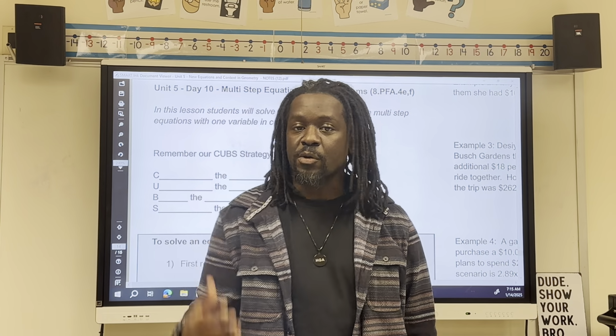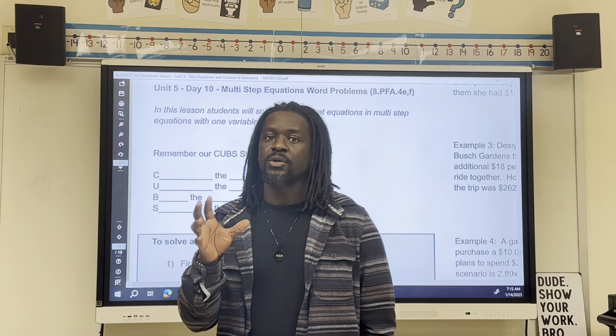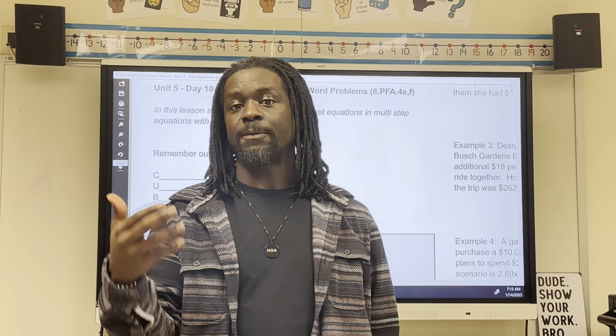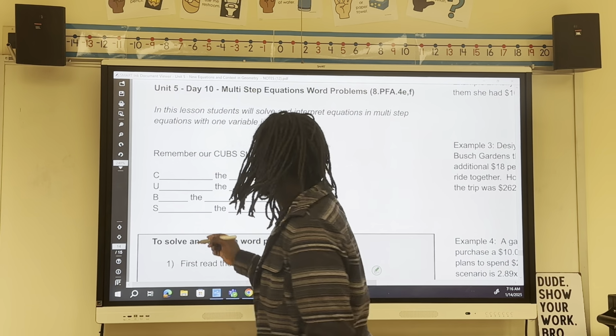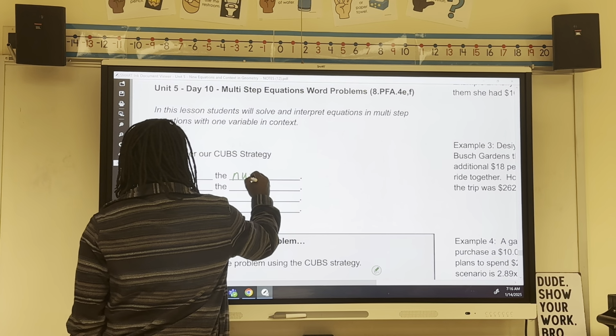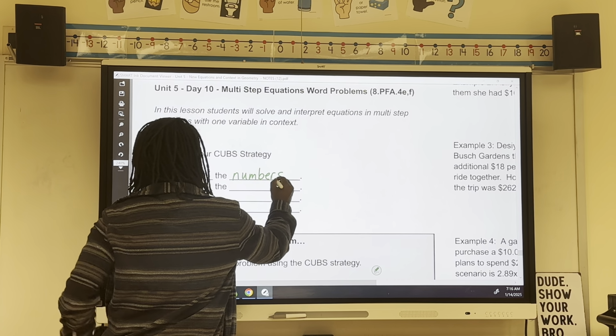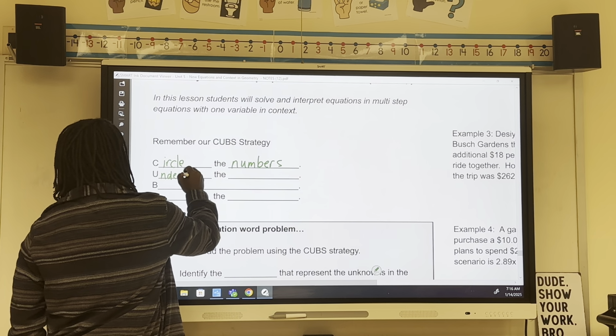If you remember our CUBS strategy, this is a good model for approaching and solving word problems. The C in CUBS stands for circle the numbers. So we're going to circle the numbers. Then we are going to underline the question.